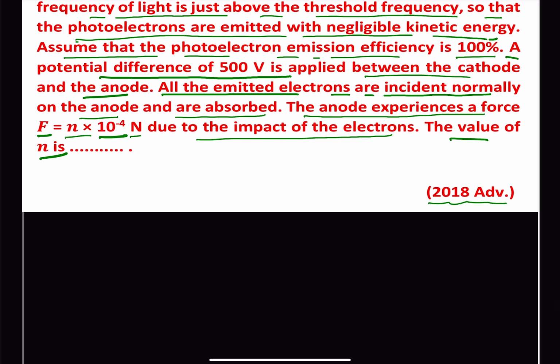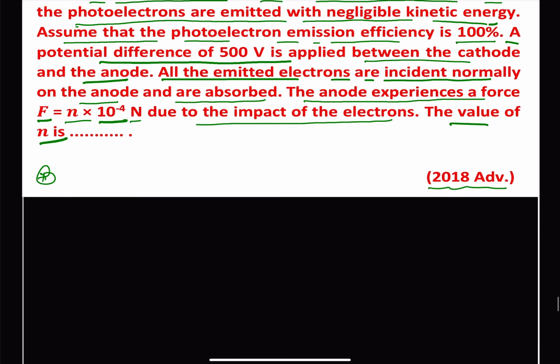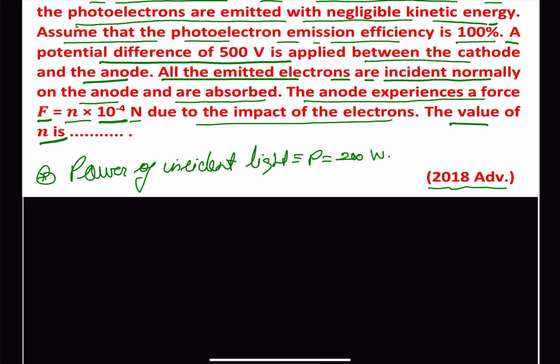So here we have to remember that the electrons that are emitted have negligible kinetic energy. First of all, we are given that the power of incident light, suppose that is P, is 200 watt.